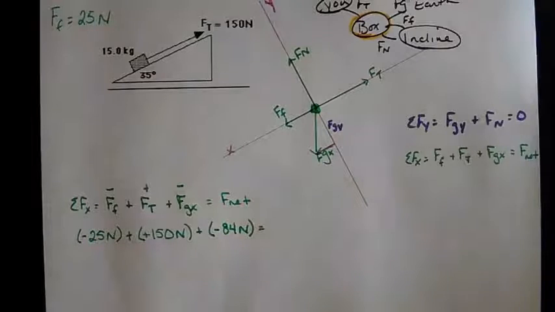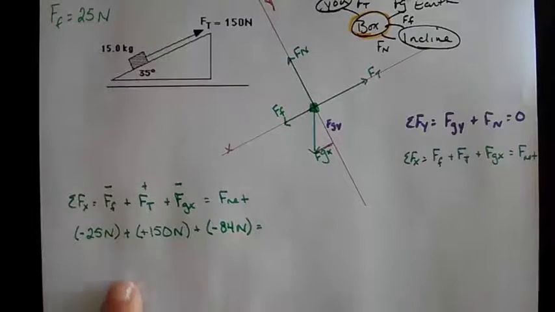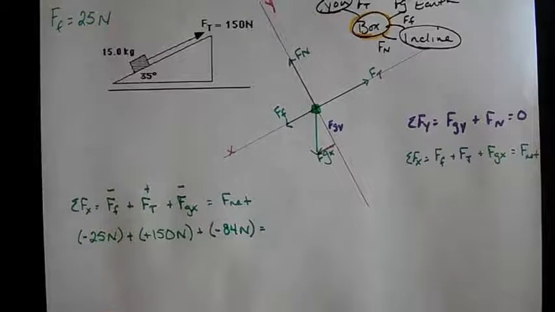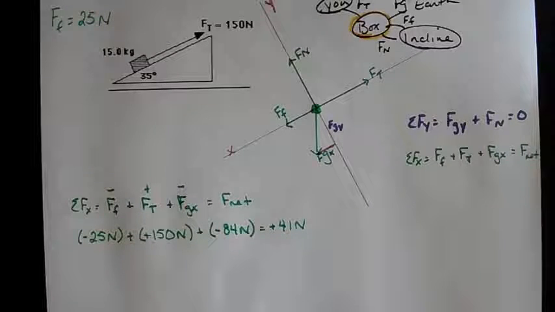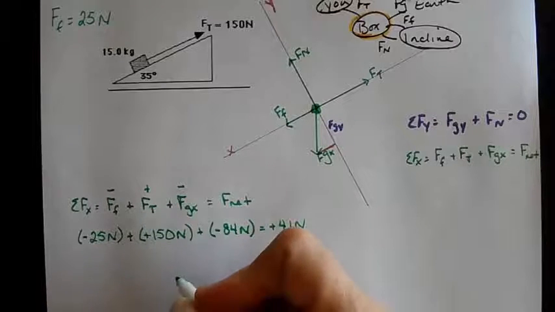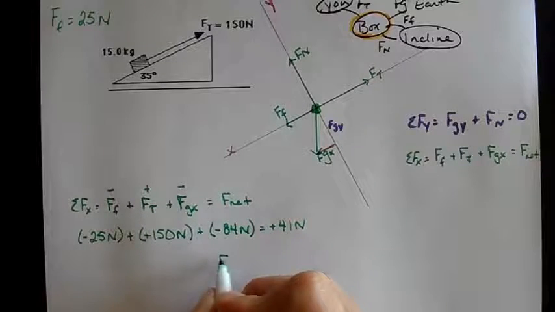So all we have to do there is just add those up. So if we take negative 25 plus 150 plus negative 84, we are going to get a net force of positive 41 newtons. So now we're going to come back and plug that in.